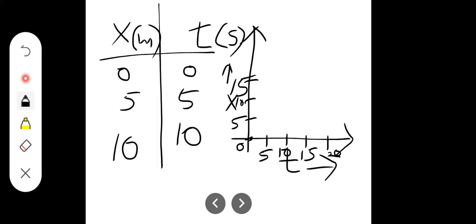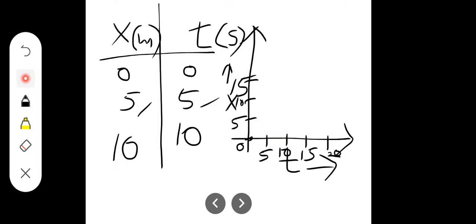Then after 5 seconds, the position is 5 meters, that is, the distance traveled is 5 meters. So the time should be 5 and the position is also 5. You have to put a point here.